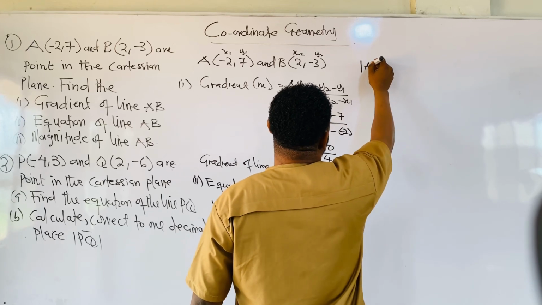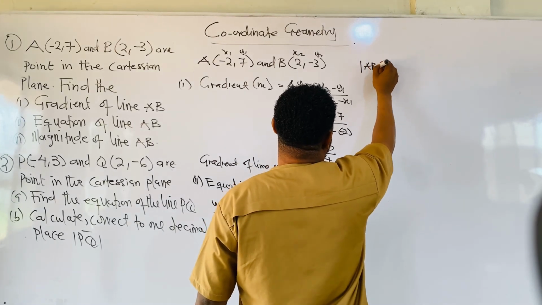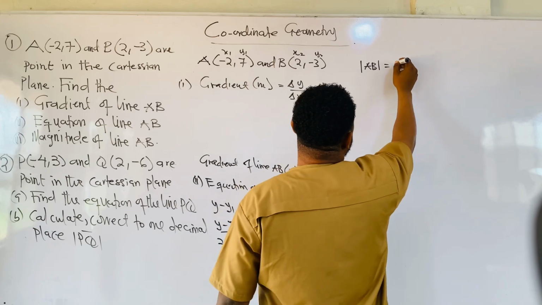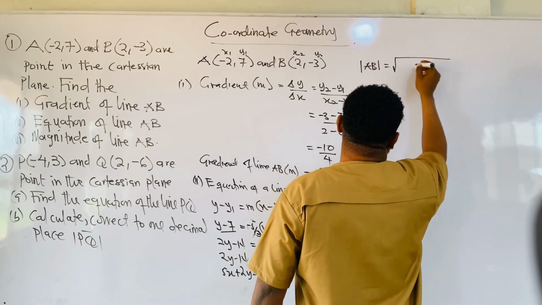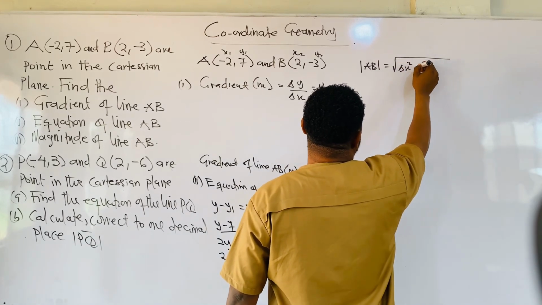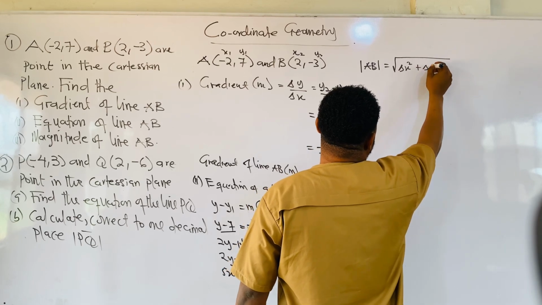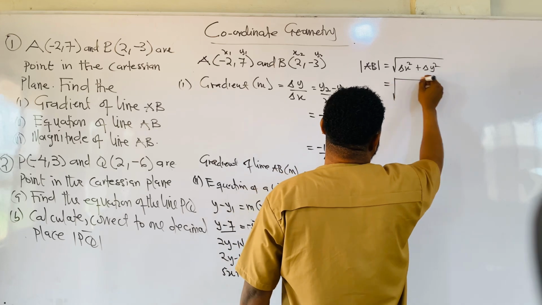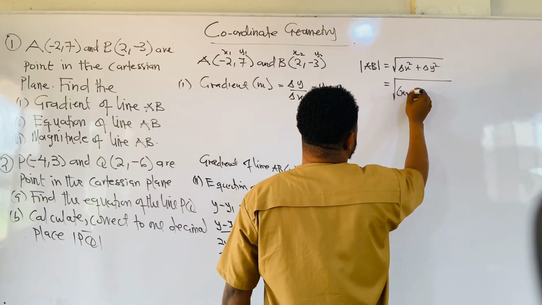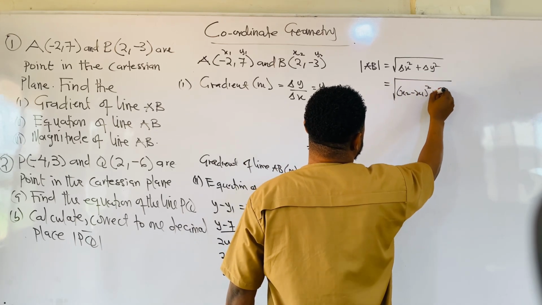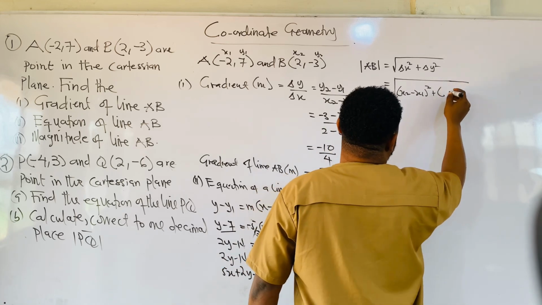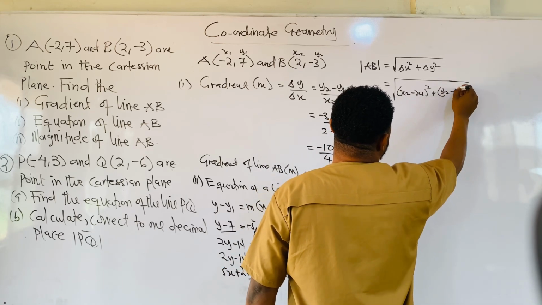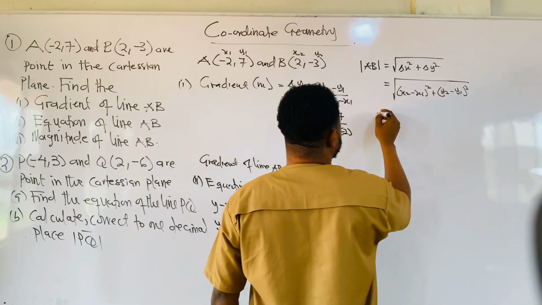So magnitude of line AB, all right, is given as square root of change in x squared plus change in y squared, where we can break this formula as x2 minus x1 all squared plus y2 minus y1 all squared.